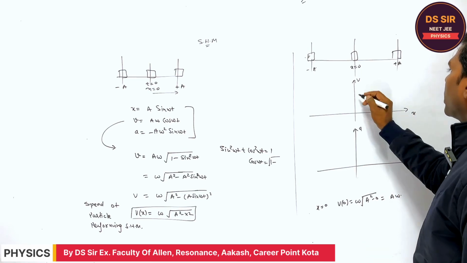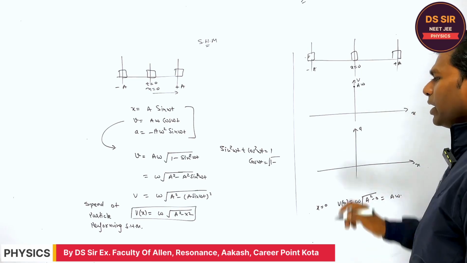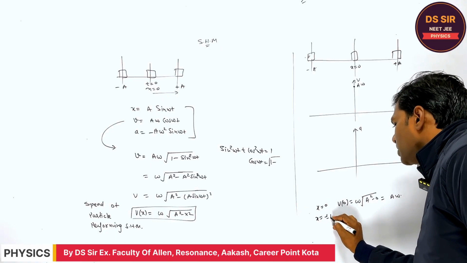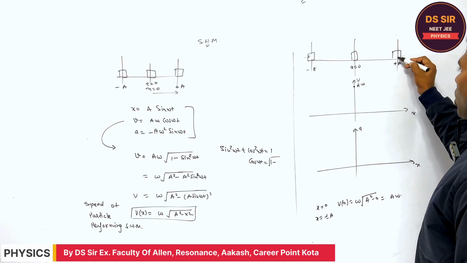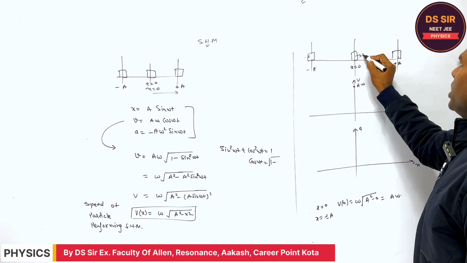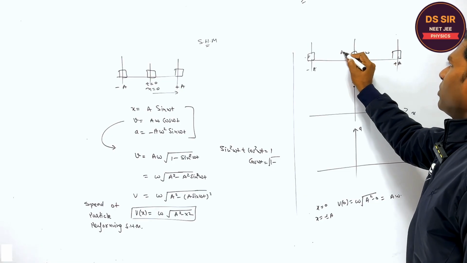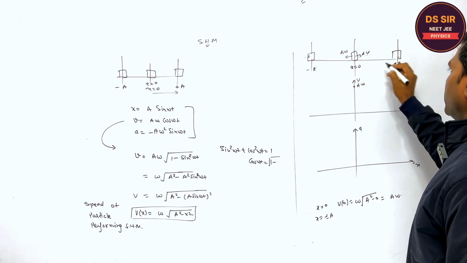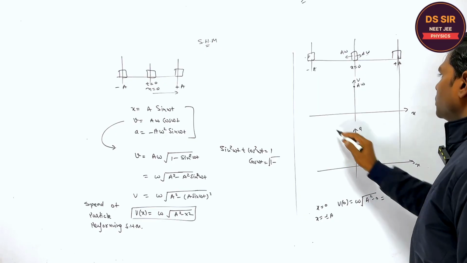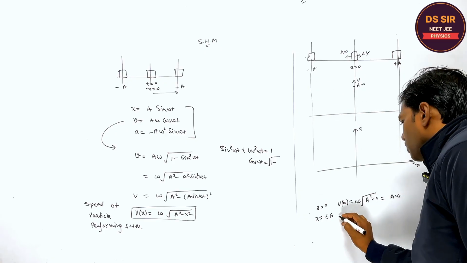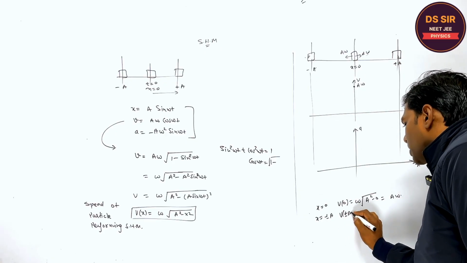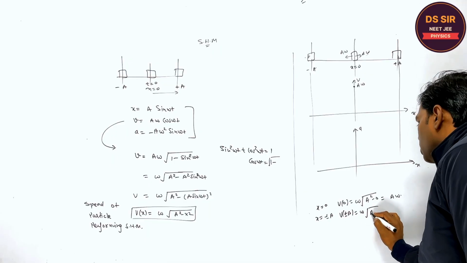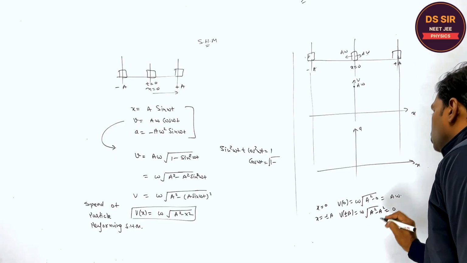Say a omega. And at x equal to plus minus a, at the extreme position, omega root over a square minus a square is 0.